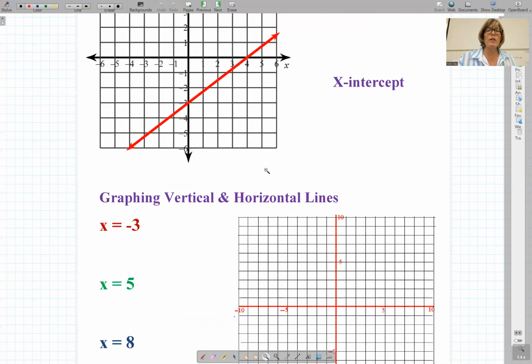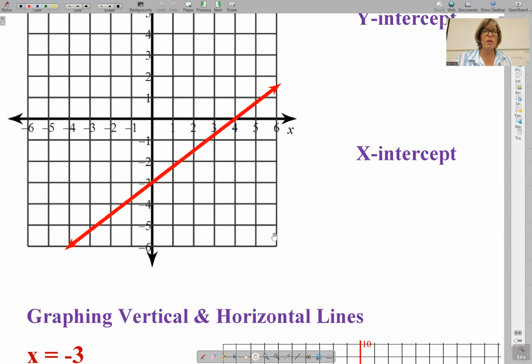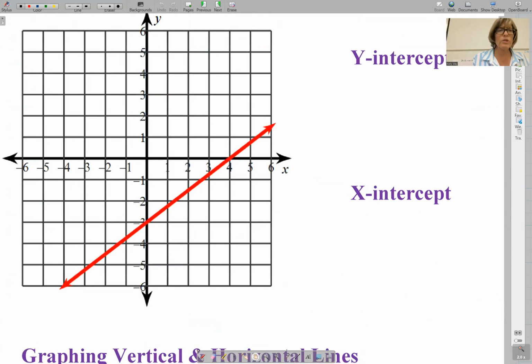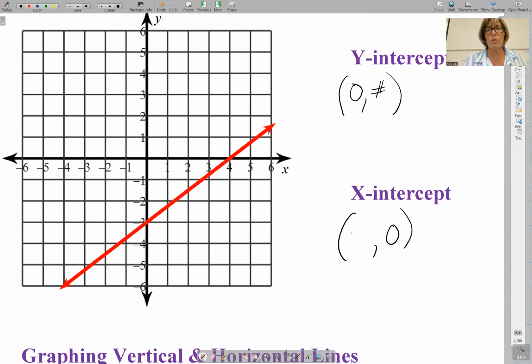More vocabulary. The y-intercept is where x is 0 and y is a number. The x-intercept is where y is 0 and x is a number.